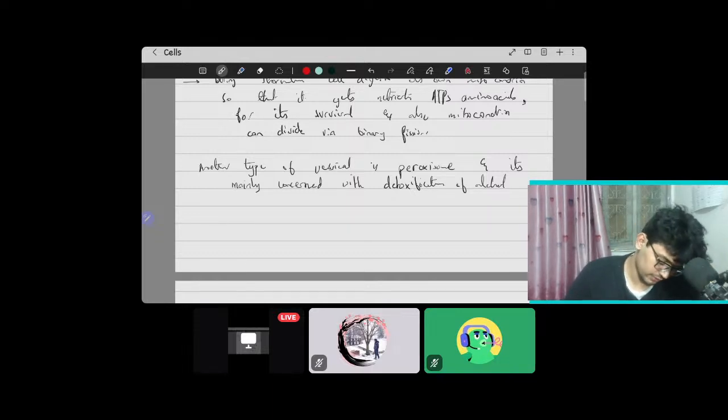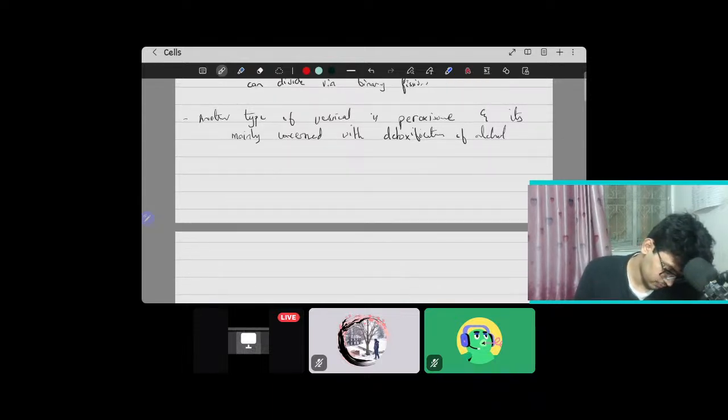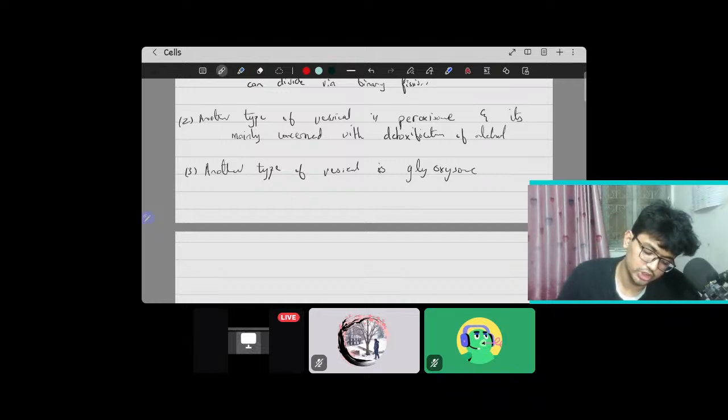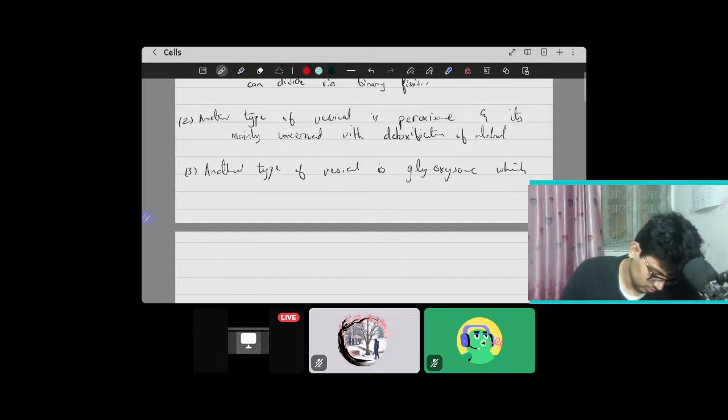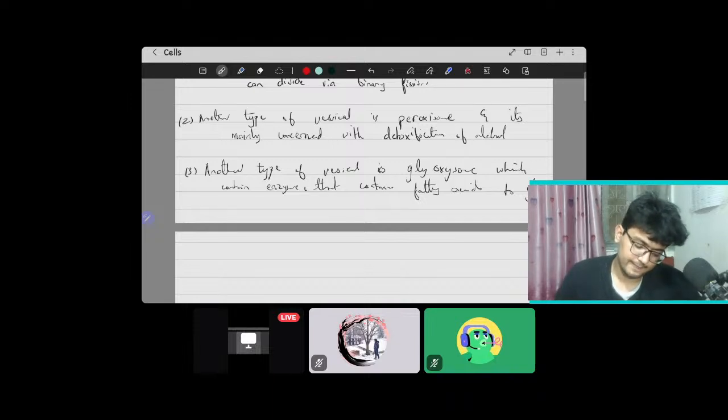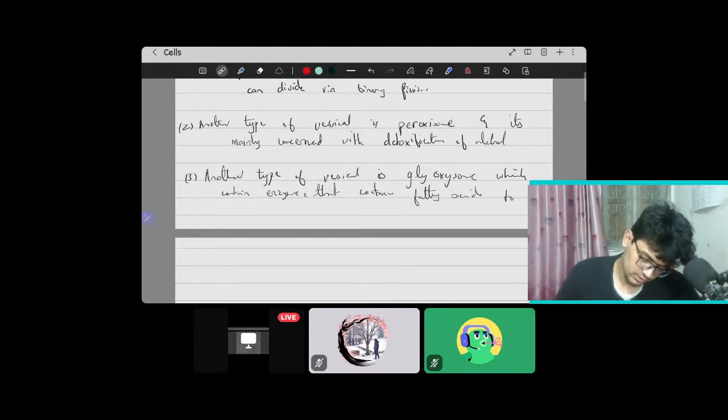Another kind of vesicle that we have here is glyoxysome, which contains enzymes that initiate the conversion of fatty acids into sugar.